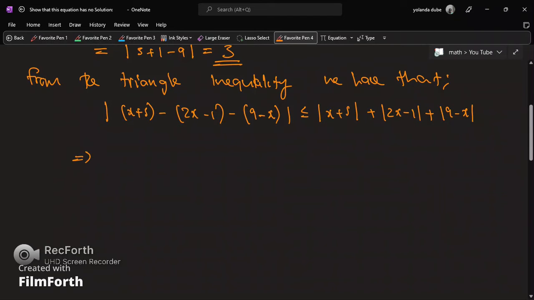So it follows that the absolute value of x plus 5 plus the absolute value of 2x minus 1 plus the absolute value of 9 minus x must be greater than or equal to 3.